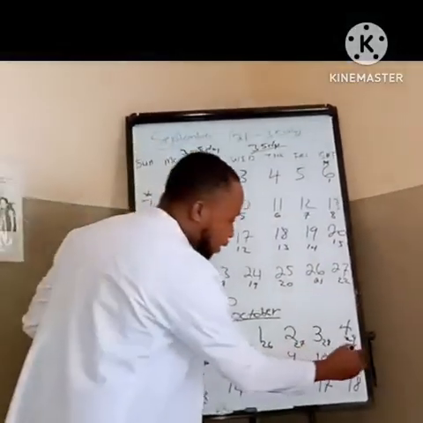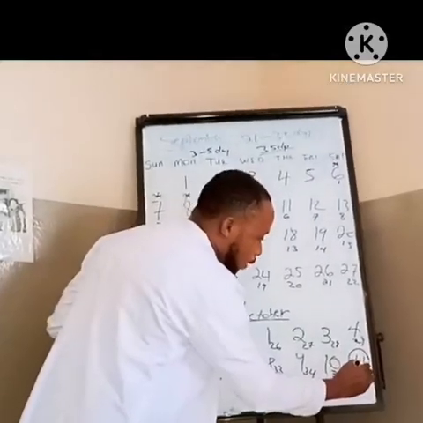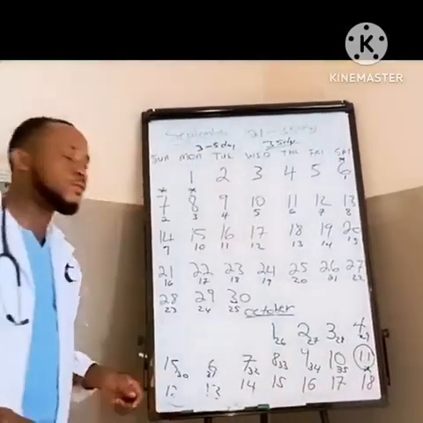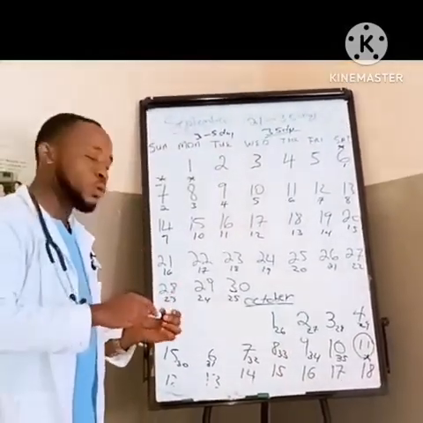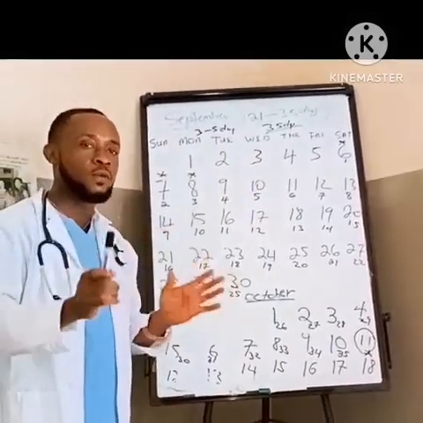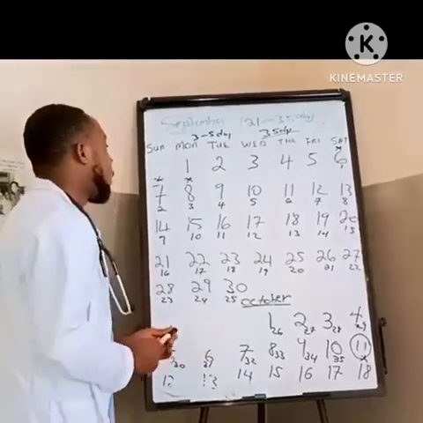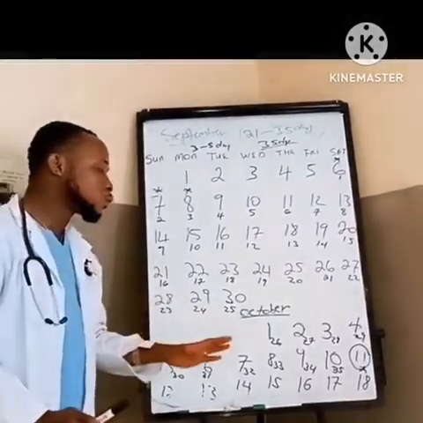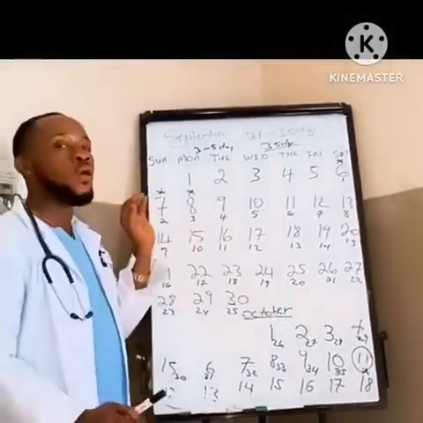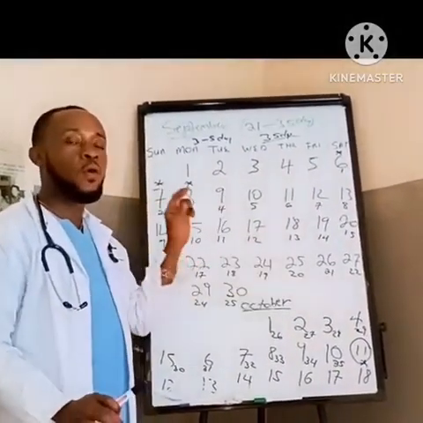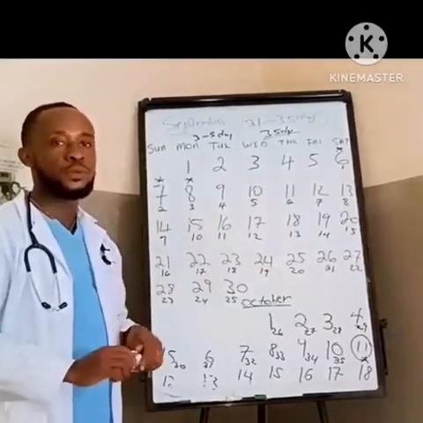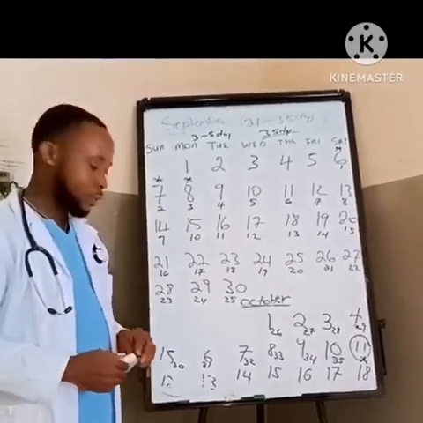So we expect another cycle to begin on the 11th of October, considering a 35 days cycle length of a woman, which is normal.